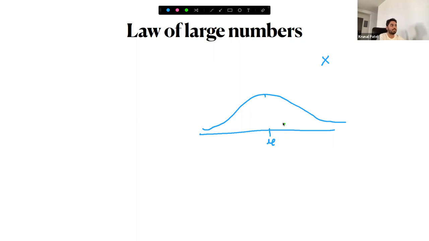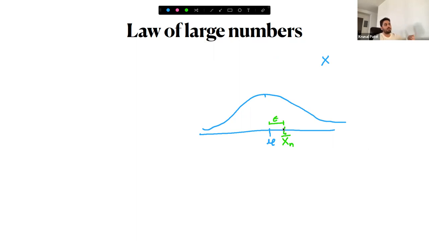I might get, let's just say, something over here, right? So let's say I take n independent samples and I take the mean of that. So what I end up getting is something like this. So I basically make this kind of an error in measurement, right? Let's just call it epsilon.